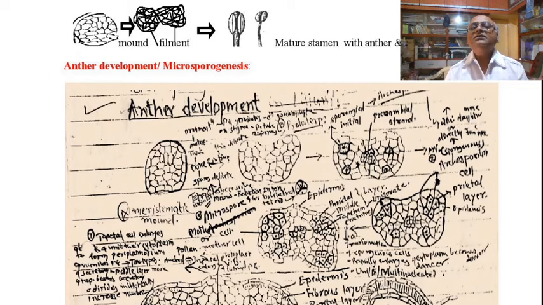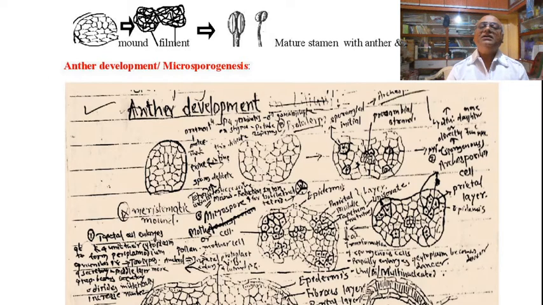After that, the sporangial initial cells divide mitotically and form a two-layered structure. One layer just below the epidermis becomes the parietal layer, and the other is the archesporium, towards the inside.